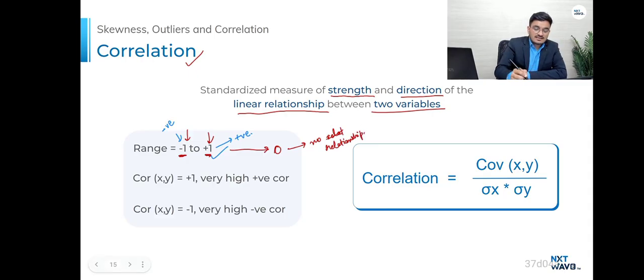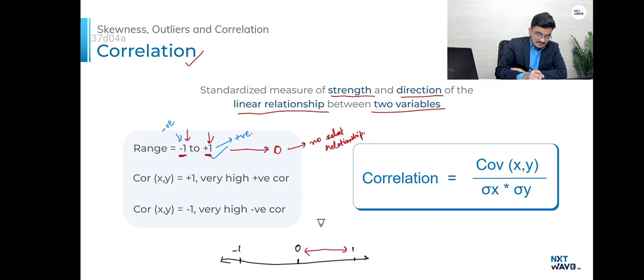So how we can understand correlations is, if we have this line, let's say in the middle we have 0, here we have 1, and here we have -1. So if the value of our correlations for two features fall within this particular range from 0 to 1, we can say that they have a positive relationship.